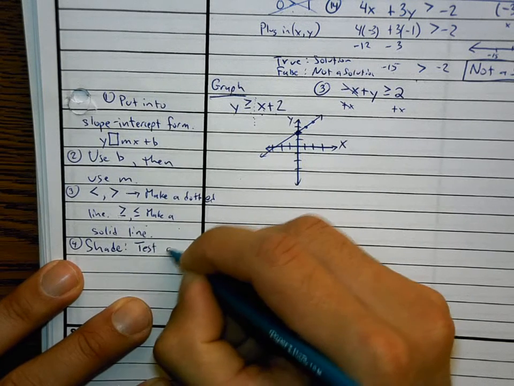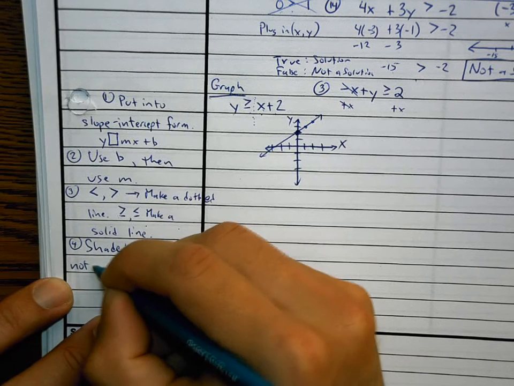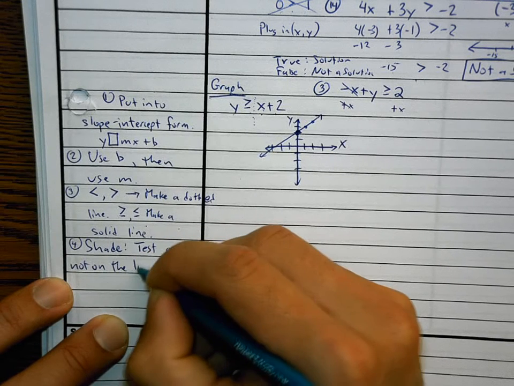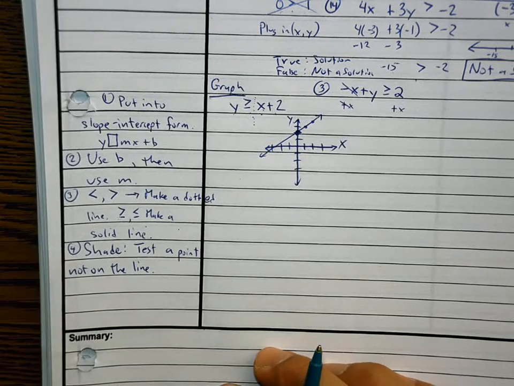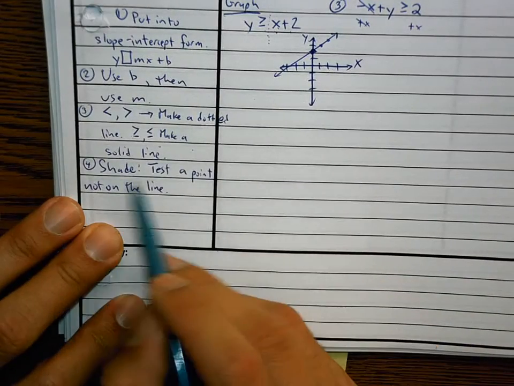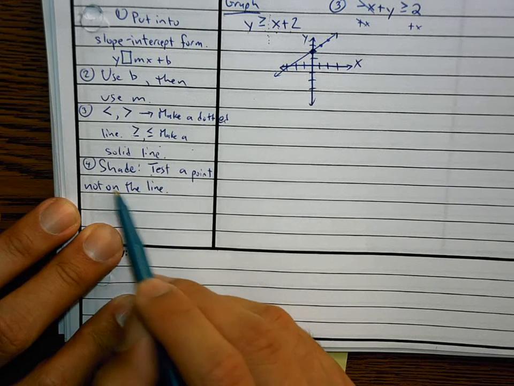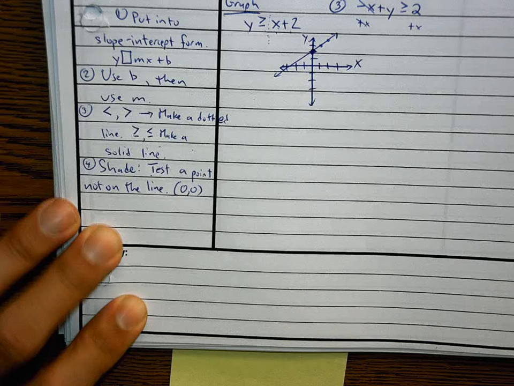Test a point not on the line. Let me scoot it up a little bit. Test a point not on the line. The easiest point to test most of the time is 0, 0.